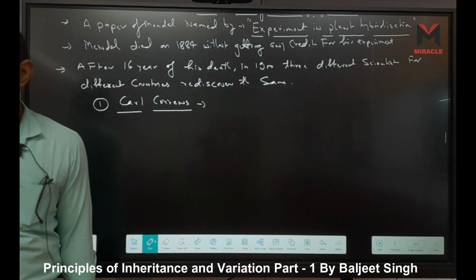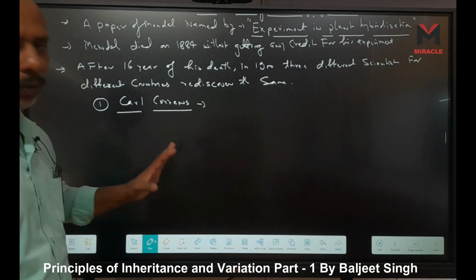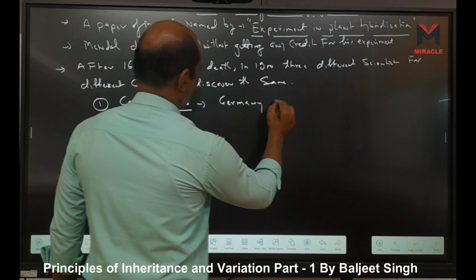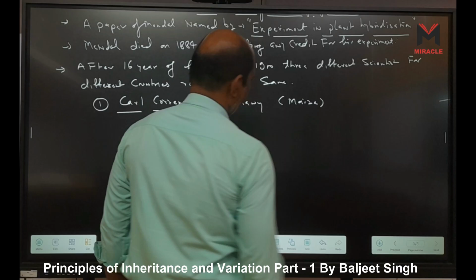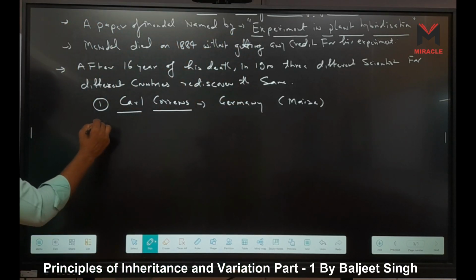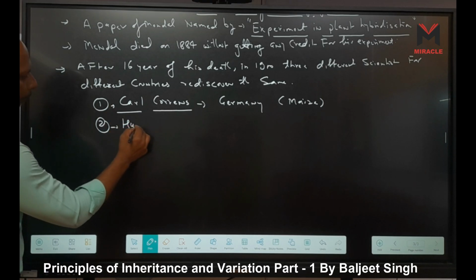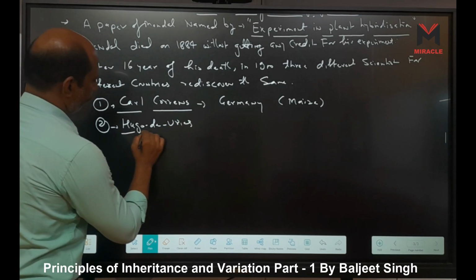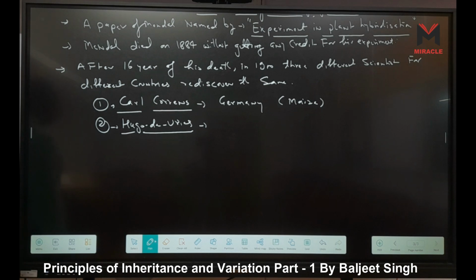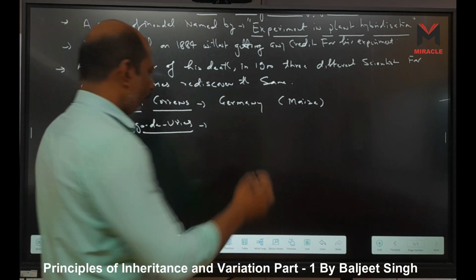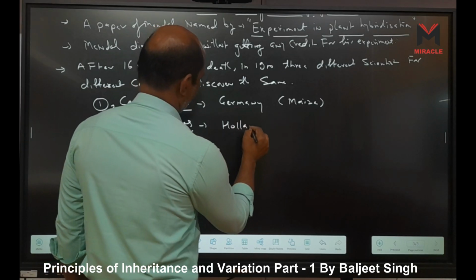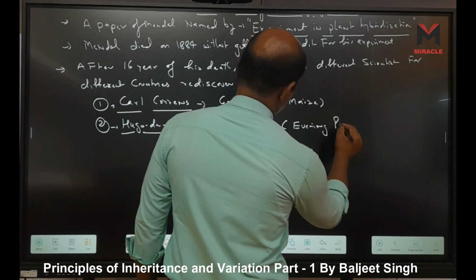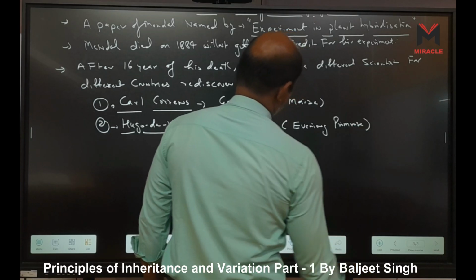This Carl Correns belongs to Germany, and his experiments were going on in Mainz, Germany. The second one is Hugo de Vries, from Holland, and his experiment was on the evening primrose plant.